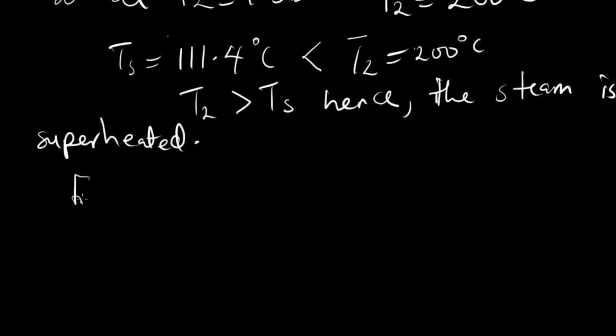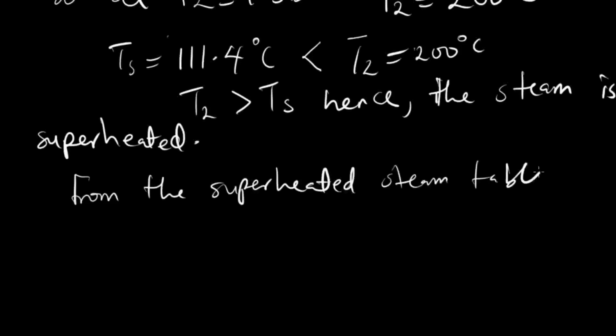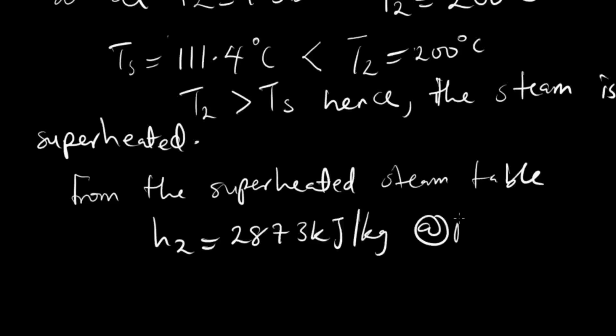So from the superheated steam table, you get that H2 is equal to 2873 kilojoule per kilogram at P equal to 1.5 bar and T equal to 200 degrees C. That's where you get that from.